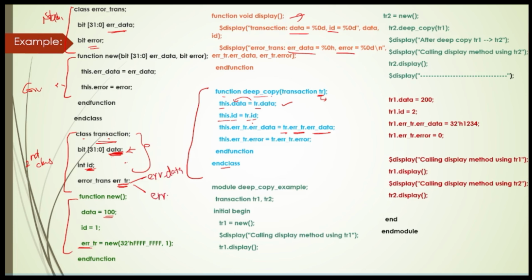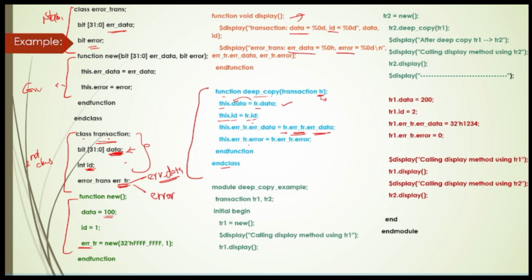Now what I am doing is just like a hierarchy path: tr dot err data. Whatever is internal, I am copying that, which is what makes it deep. That means every detail, everything inside it, will be copied in detail. That is why it is named deep copy.